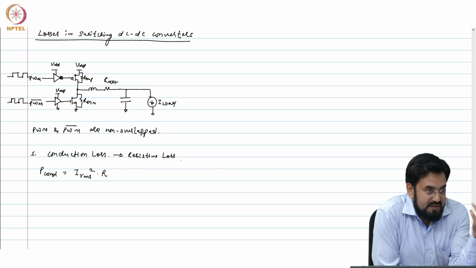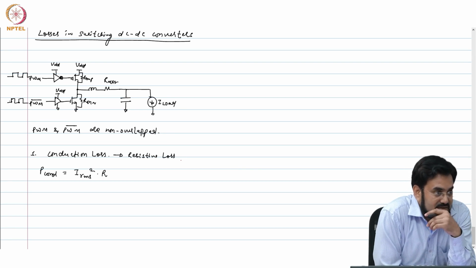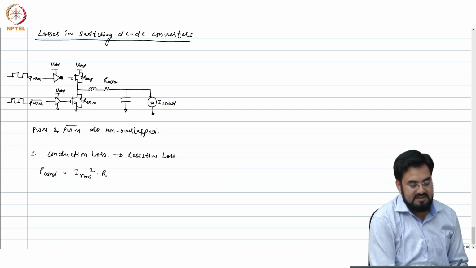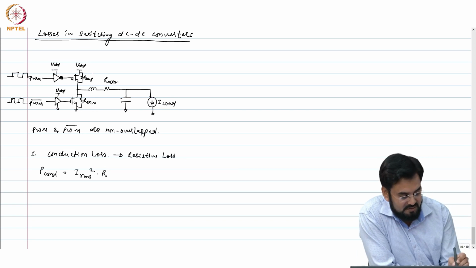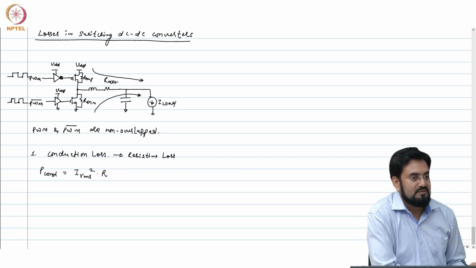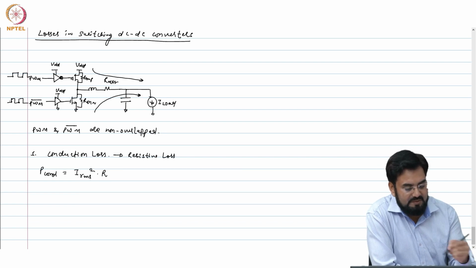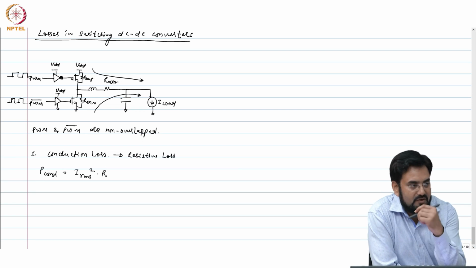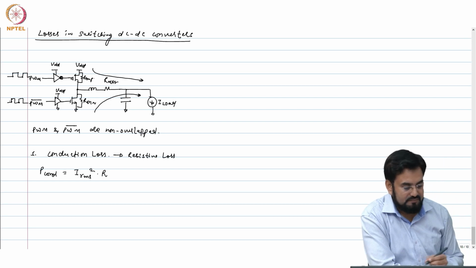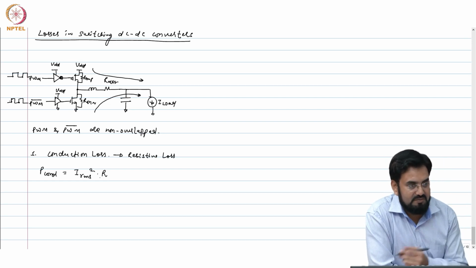Resistive losses are defined by I square R. So whatever the RMS current, in the conduction path, this is your current path. When PMOS is conducting, it's going through R on P and RDCR and goes into the load. Okay. And we already talked about this.